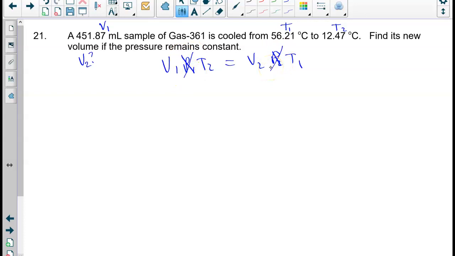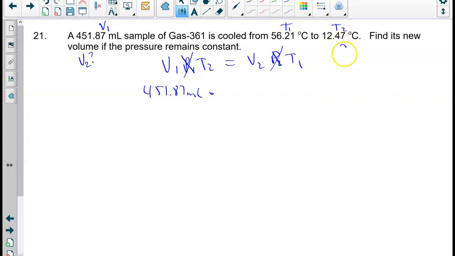And now we have Charles' law. Not that you need to know that, but that's the formula that's left on the screen. So then we can use this without the pressures because there is no change in pressure needed or given. So then we're going to put in our initial volume, 551.87 milliliters. I've already converted both these temperatures over before I set this up.